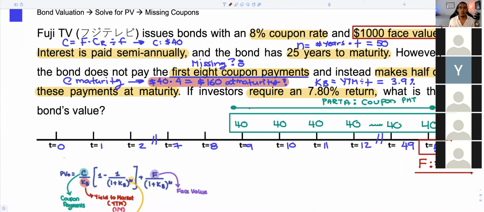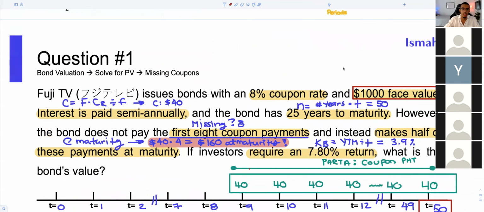Now, for all intents and purposes, when we're doing a question like this for your exam, which is complicated, with nuances, with adjustments to be made, it's very important to remember that the face value, in the context of intro to finance, really means how much money you are getting at the end, at maturity. That's what we want to know.